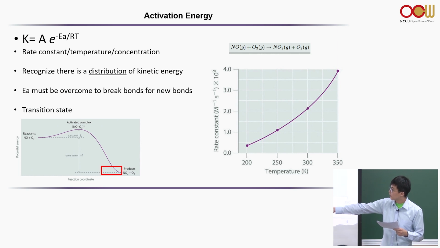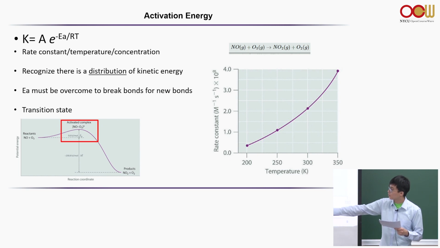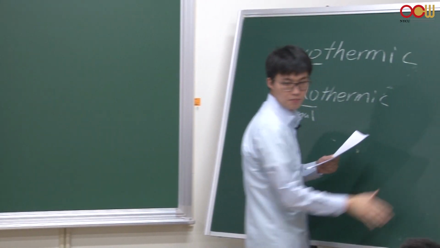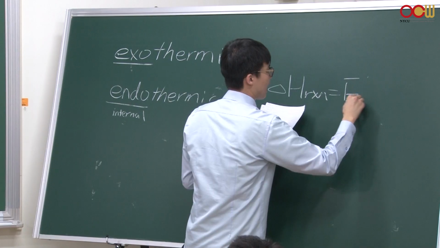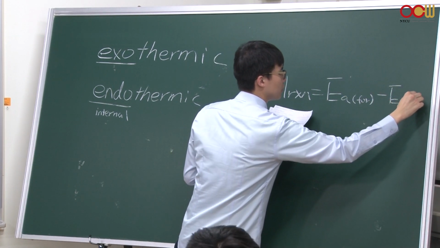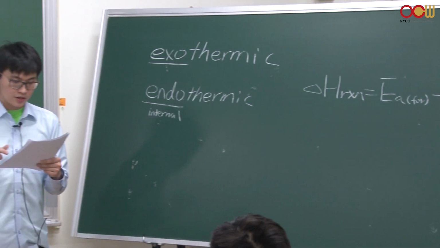And then the energy level from your product to this activation energy is your reverse. So for a reaction to go backward, you have to overcome this amount of energy. For the heat of reaction, you simply do the math: activation energy forward minus activation energy of reverse. So it's very, very simple.